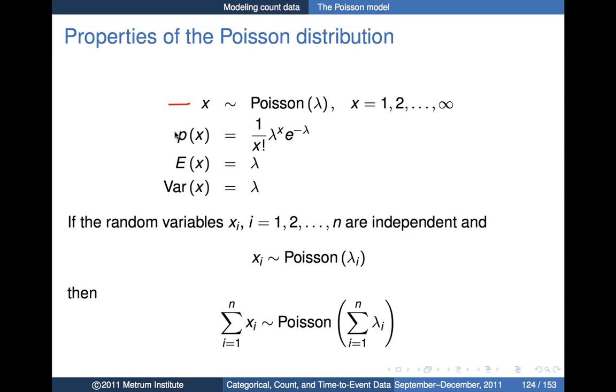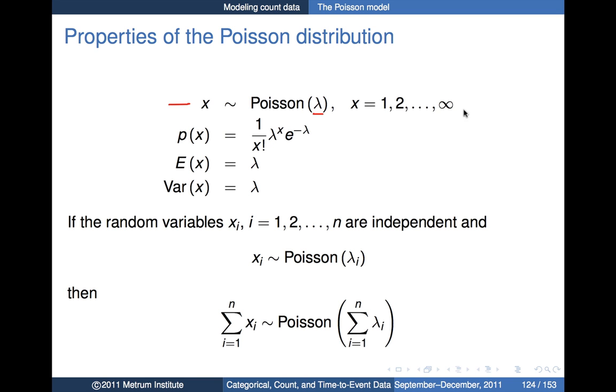Here I'm just writing out, suppose that we've got some random variable x and it's distributed Poisson with some parameter lambda. Of course, x can take on the values going from, actually this statement isn't right. I need to change that. That should be x equals 0 to infinity. So it should be 0, 1, 2, and so on.